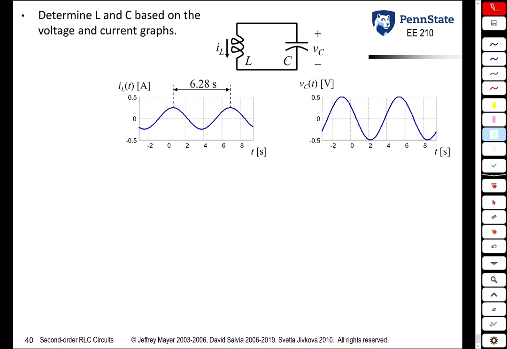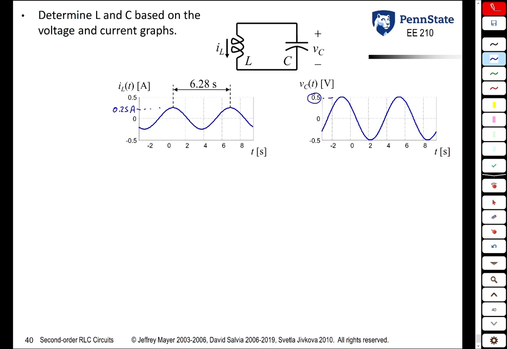Let's look at one last example. This is one of those backwards type examples where we give a couple figures and have to work backwards to determine circuit components. So we are given a plot of the current through the inductor, and notice it has a maximum current of 0.25 amps, and we're given the voltage across the capacitor with the maximum voltage of 0.5 volts.